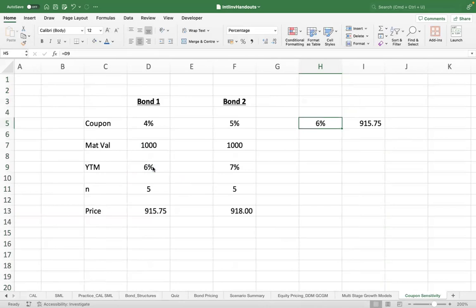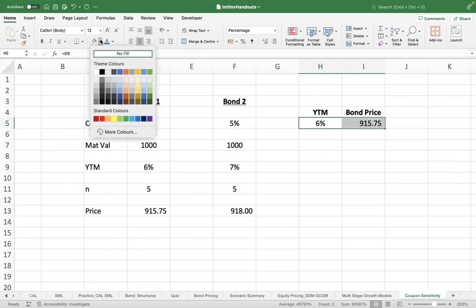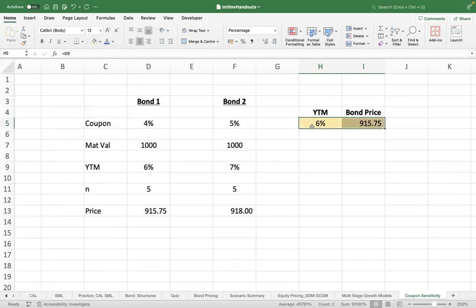YTM is 6% as the input and bond price is 915.75. So this is the YTM and the bond price being the input and output for the first bond, mind you. Right? This is your base. Now I want to do it from 3% to 9%, and I want to see how the relationship is different.